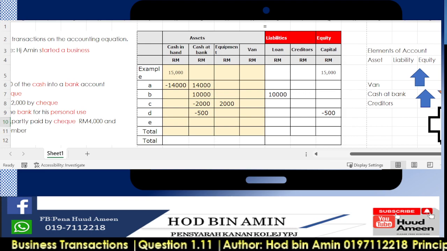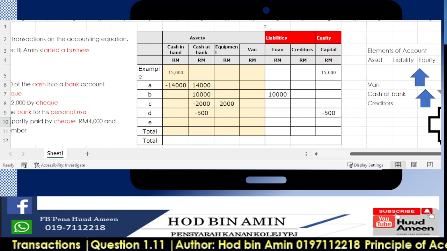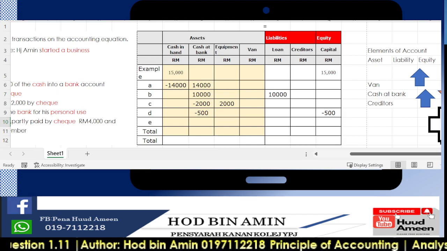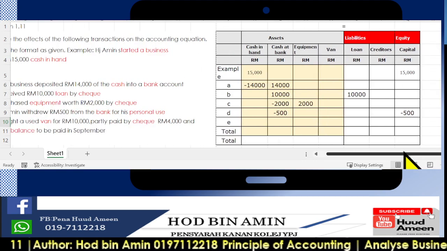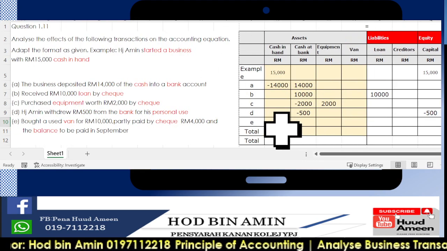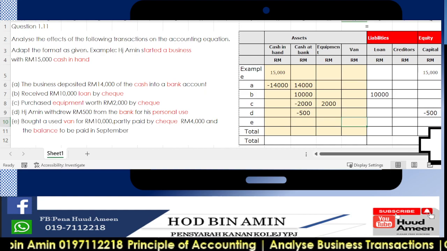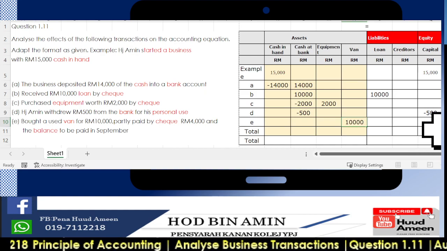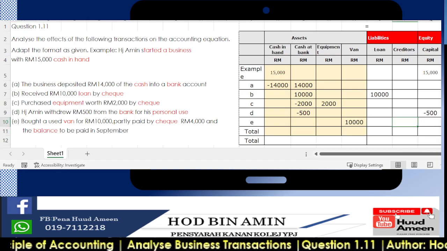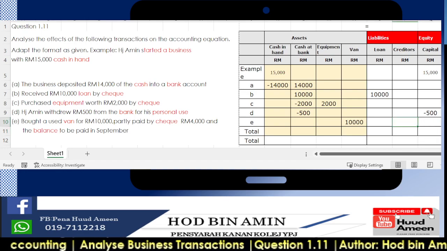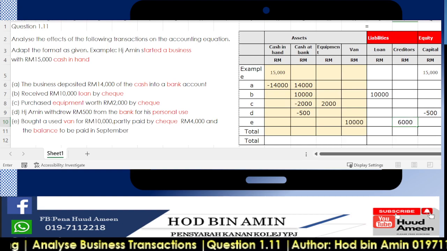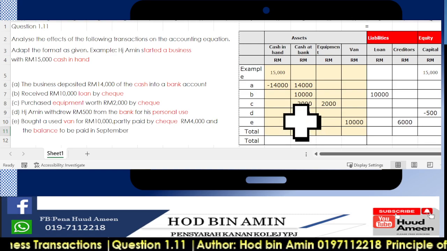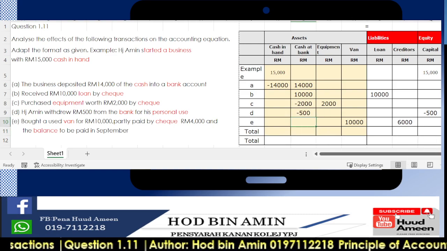Now you bought a van, so the effect on the accounts is our van is increased by 10,000, and creditors is increased by 6,000, and at the same time our cash at bank will decrease by 4,000.